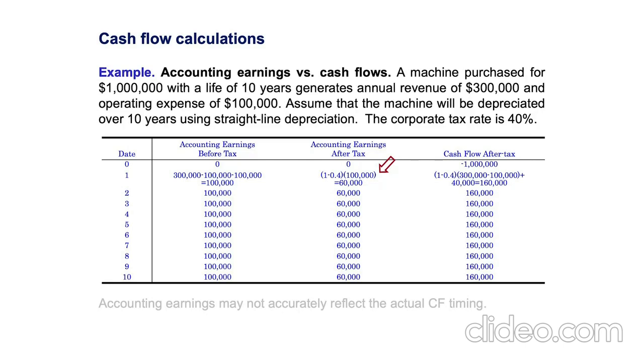However, we should know that it would be incorrect to simply discount the after-tax earnings at the cost of capital to get the NPV. The reason is that the accounting earnings did not accurately reflect the timing of the project's cash flow. For example, the initial expenditure, or sometimes called CapEx, of $1 million on the machine is not recorded as a cash flow in year 0.